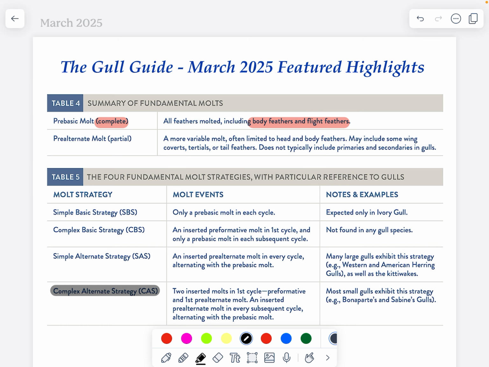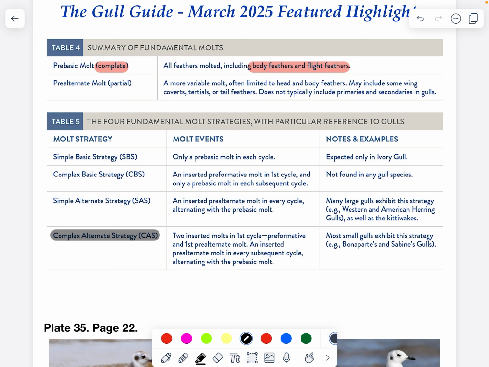To begin here, the complex alternate strategy has birds that see two partial molts in their first cycle. The first one is attributed to preformative molt, and the second one is the first pre-alternate molt.